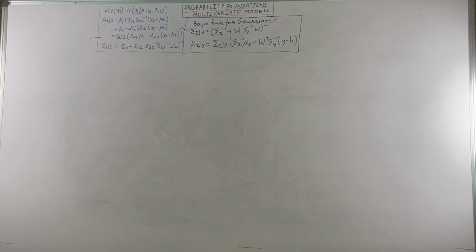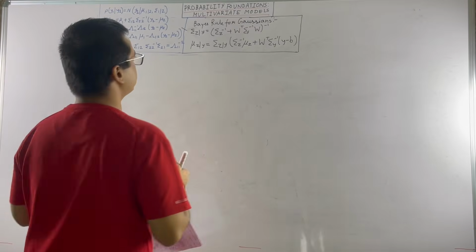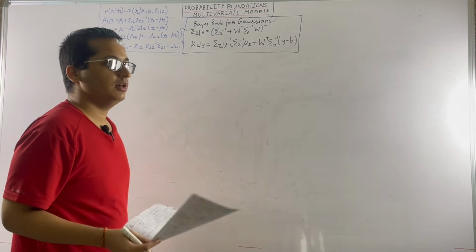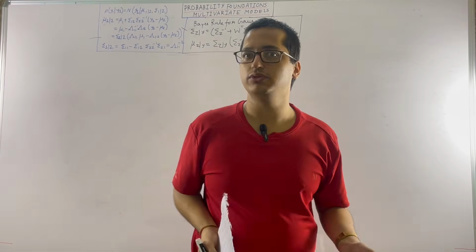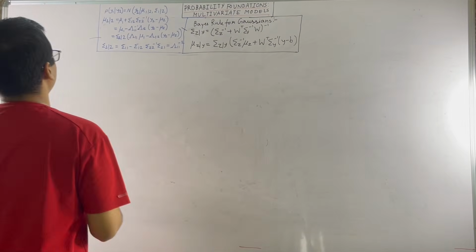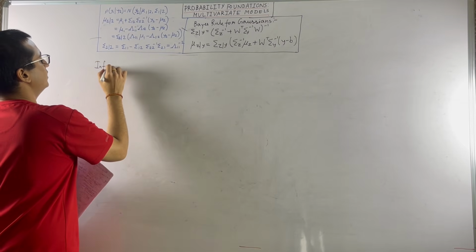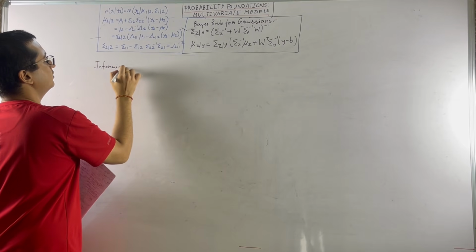Okay, folks. So now we actually discuss inference, all right. So inferring unknown values, both if we want to infer an unknown scalar or an unknown vector. Inferring an unknown scalar.